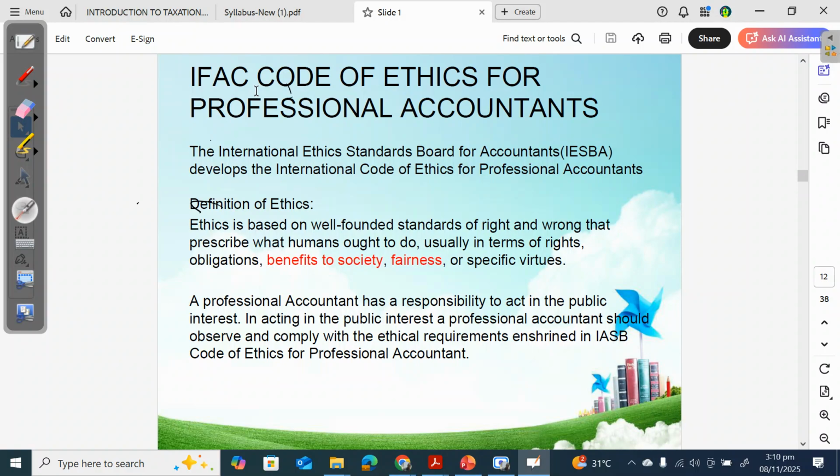They have a code of ethics for accountants. Every profession has its code of ethics, and accountancy is no different. We also have our ethical code of conduct.